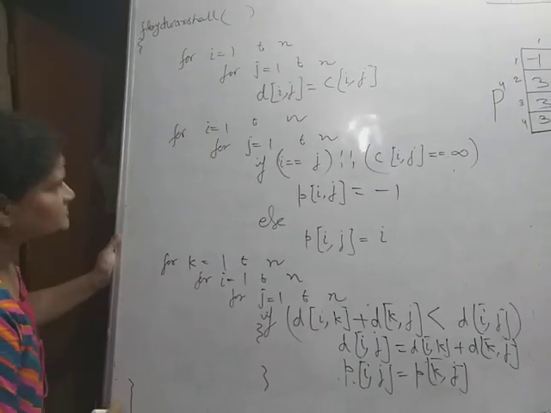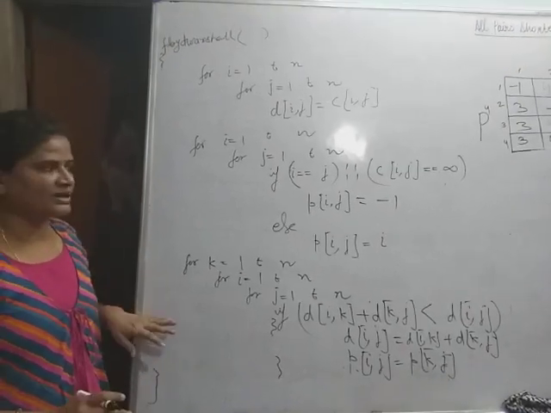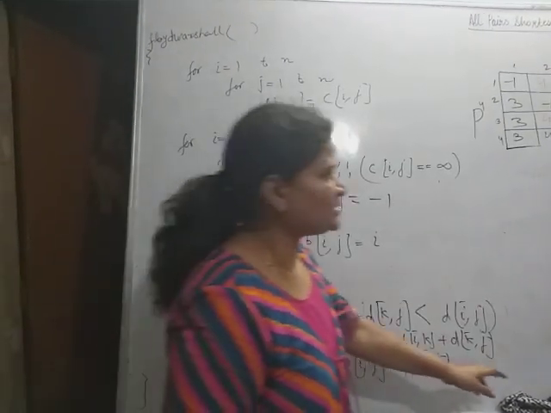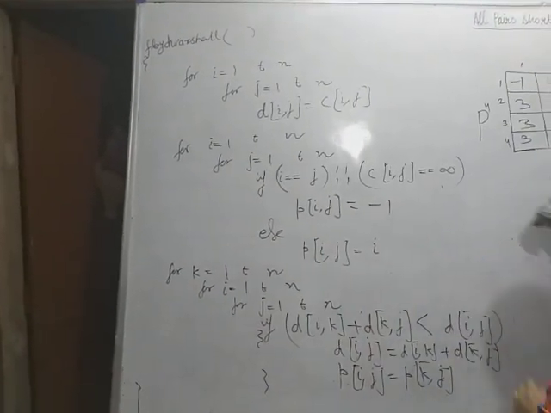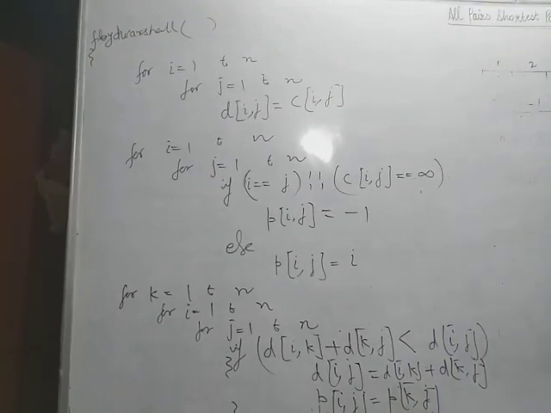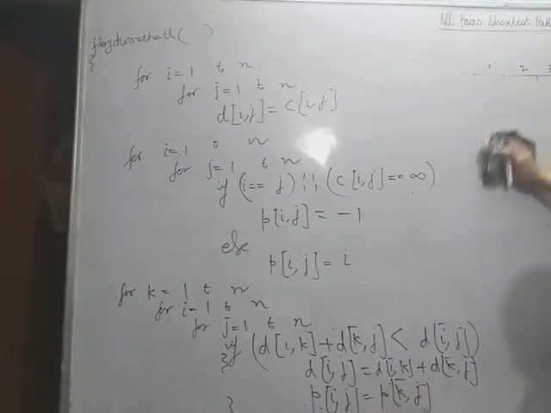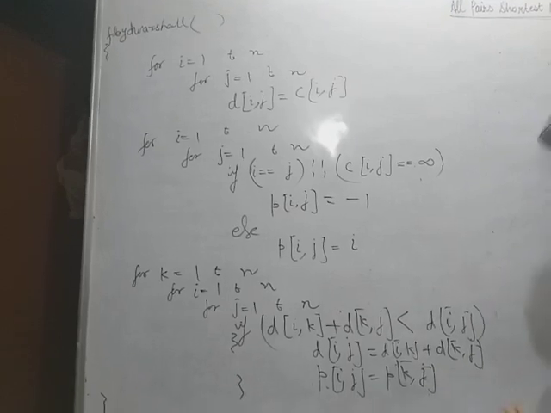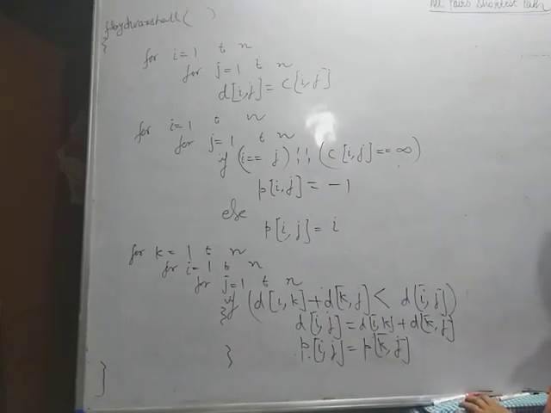So this is the algorithm, and you can execute it. What is the issue about the graph, the cost matrix or path matrix initialization? Here I have initialized the path matrix in the same code.